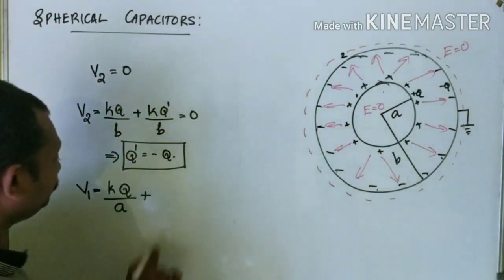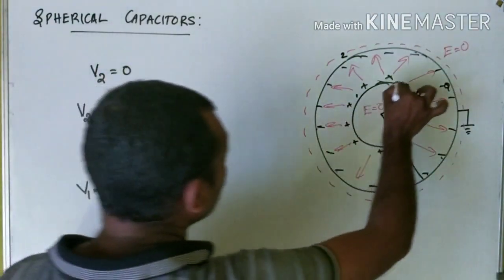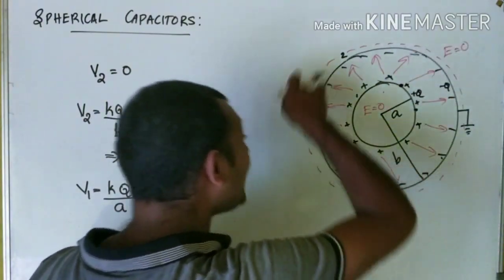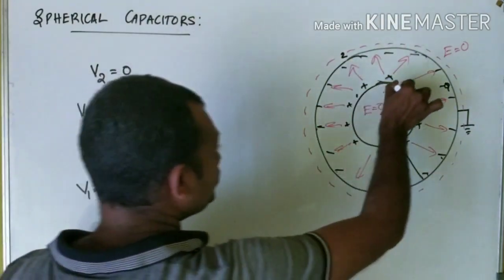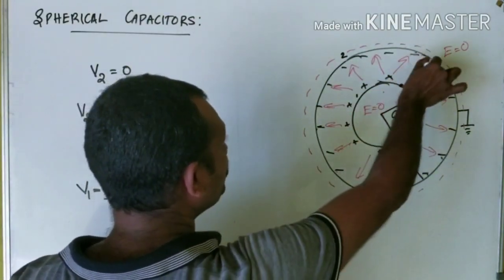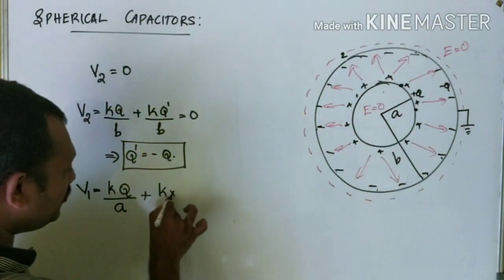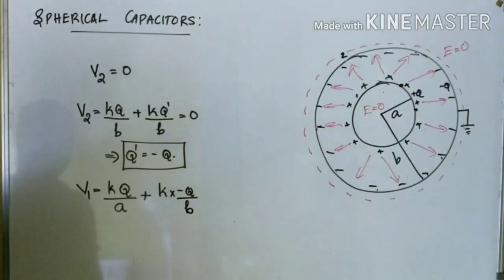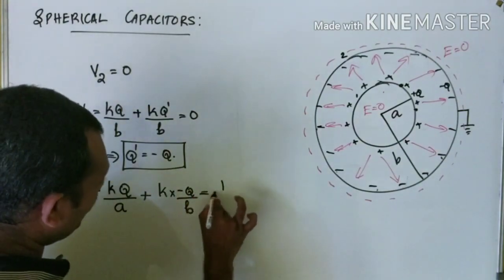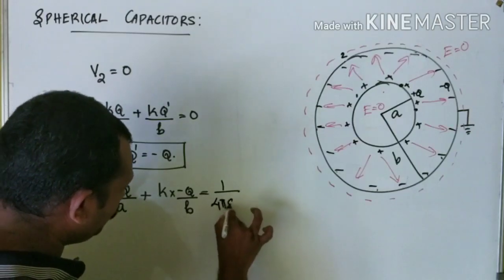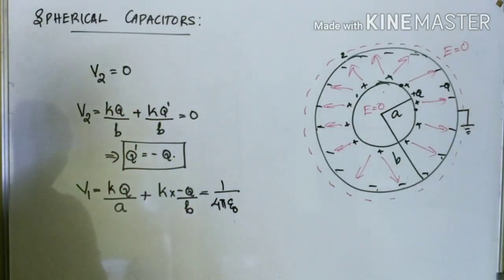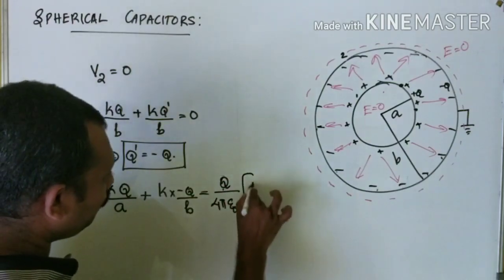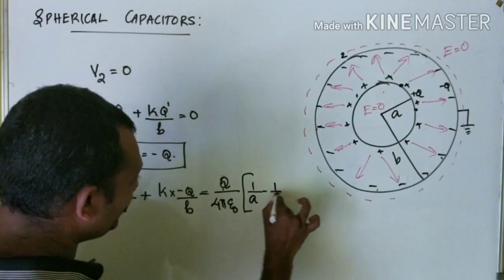As every point of the inner sphere is located inside the outer sphere, the potential at all these points will be equal to the potential on the surface of the outer sphere, which is K into minus Q divided by B. Right? Here K is 1 by 4 pi epsilon 0. So V1 is equal to Q divided by 4 pi epsilon 0 into (1 by A minus 1 by B).